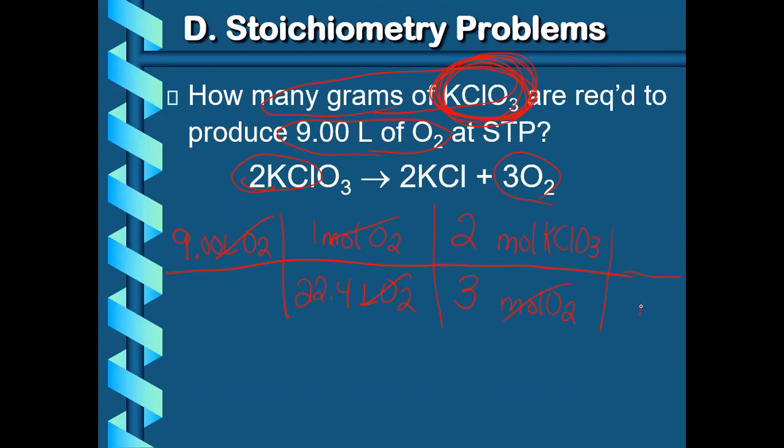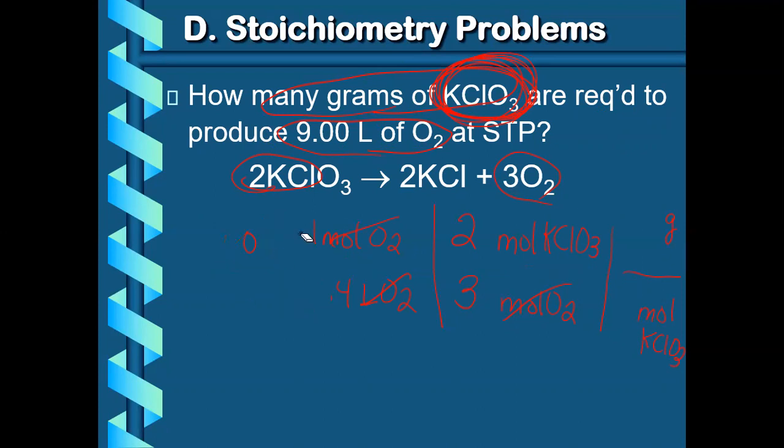So now that I got moles up here, I need moles of KClO3 to go on the bottom so that can cancel. And to turn that into grams, I need to find the molar mass of KClO3. So I go to my periodic table, I add up 1 potassium, 1 chlorine, and 3 oxygens.